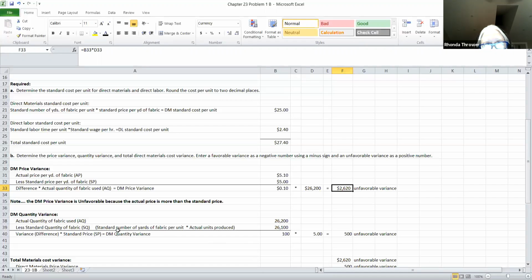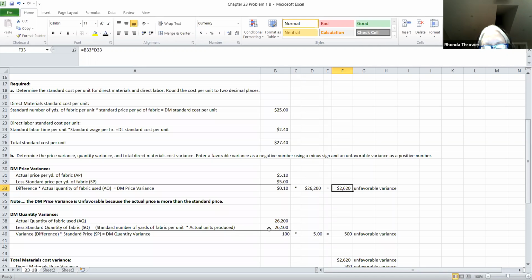So this is how we calculate the standard quantity of items. We're going to take the standard number of yards that we need to produce 1 unit, and multiply that by the actual units that we produced. That will give us the standard quantity that we had during the period of time that was being measured.